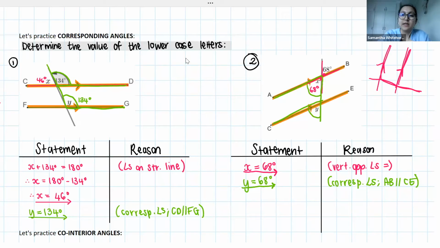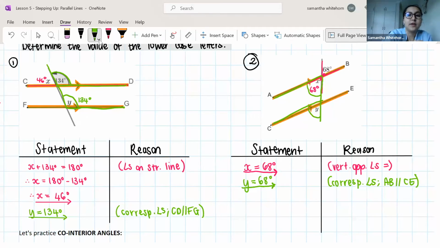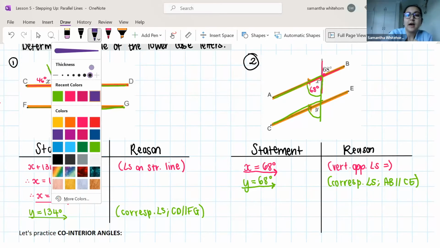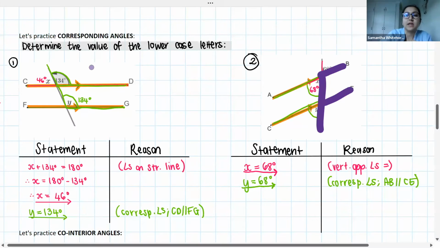As long as the lines are parallel and we have a transversal, we can find an F. Can the F be either way, or does it have to be facing the arrows? No, it could be either way. For example, if I had angles on the other side, I could have had an F shape on that side as well, and those would be corresponding. Okay, thank you, ma'am. Sure.